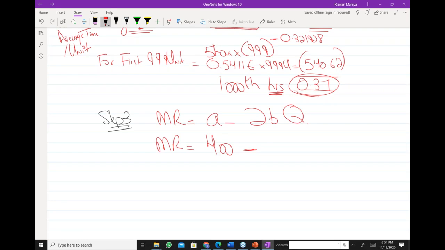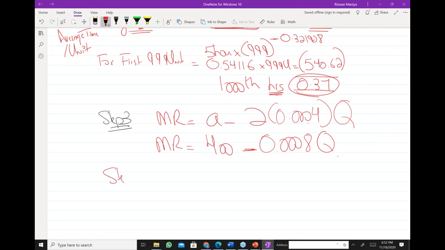0.004, and this will be simple 0.0008 Q. So I hope this is clear, as this was 0.0004, and this is step number 3 done.